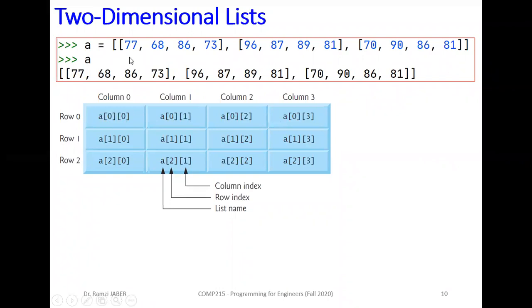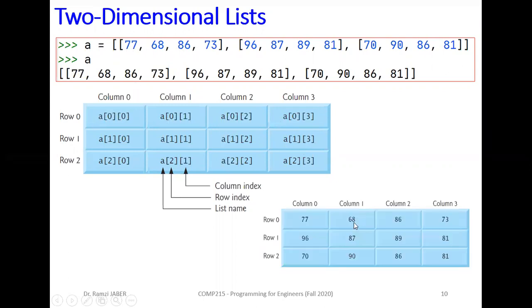When we enter inside the nested list, 77 will be A00, A01, and so on.